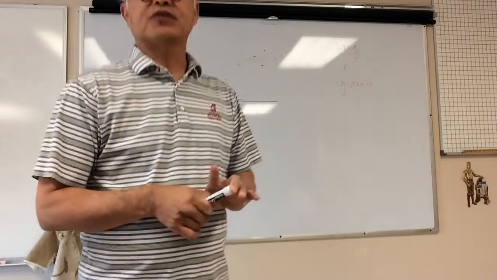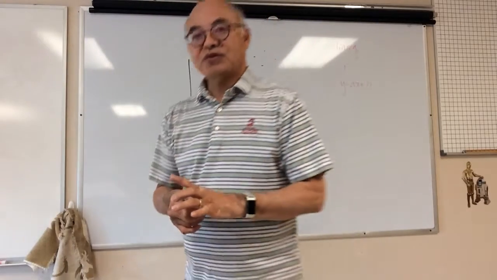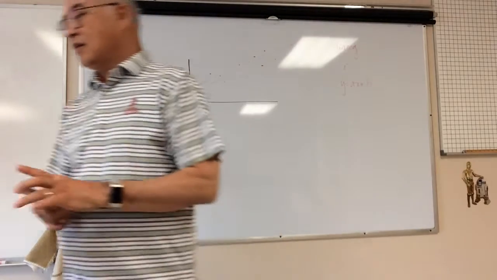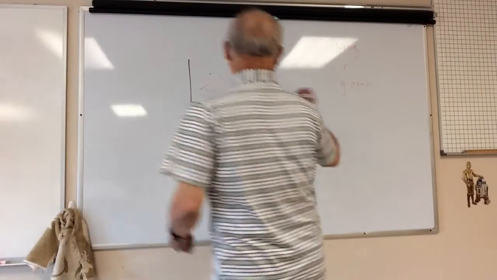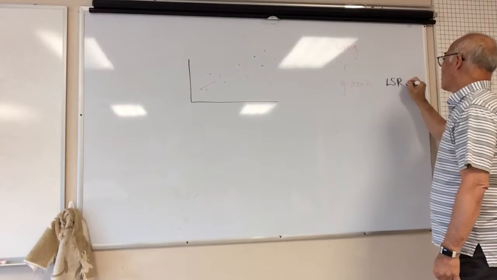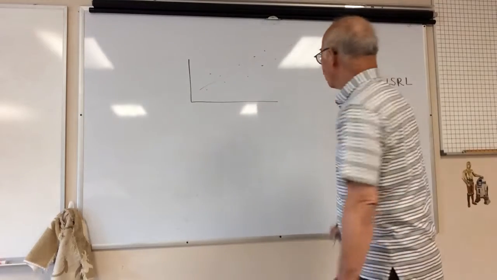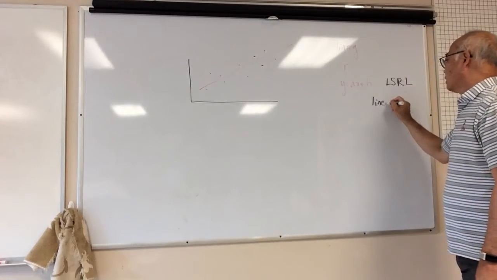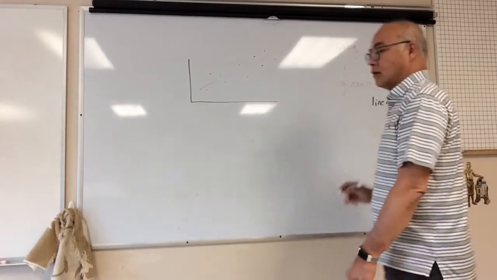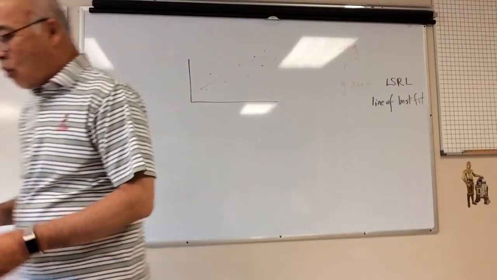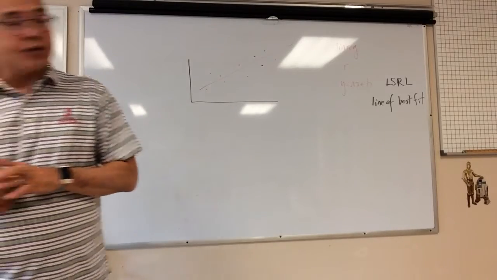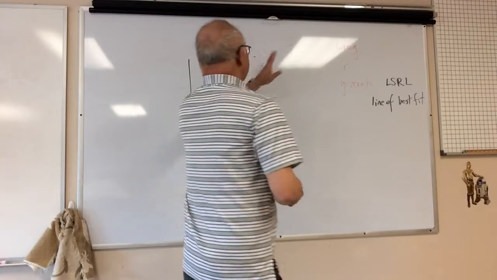We will talk about that in section 10.2, which just happens to be the very last chapter that we will talk about. We will talk about this line being the least squares regression line, also known as the line of best fit. We'll talk about why later on. Again, this allows you to predict.